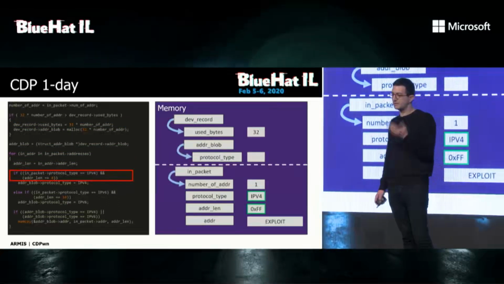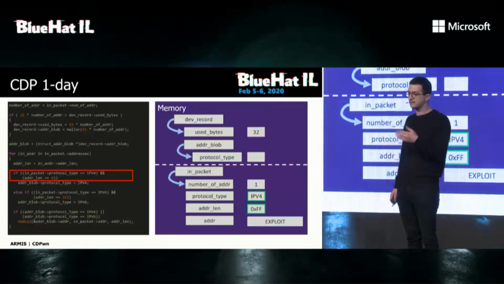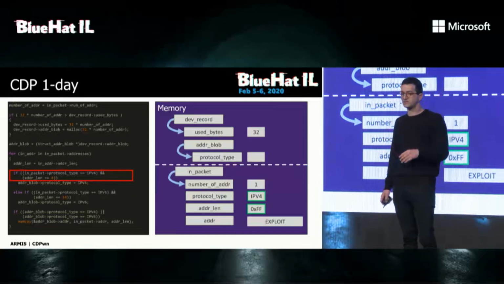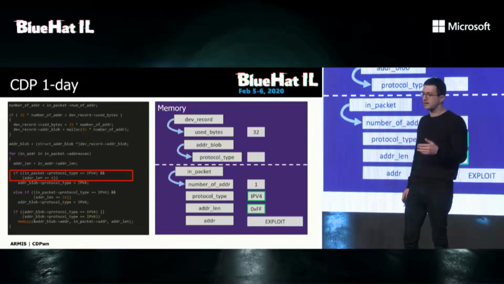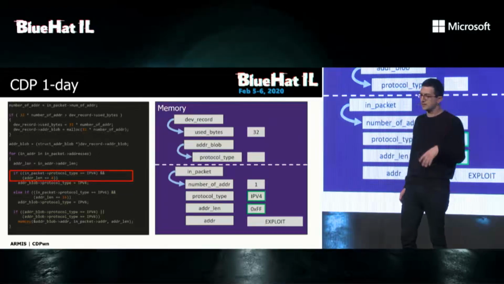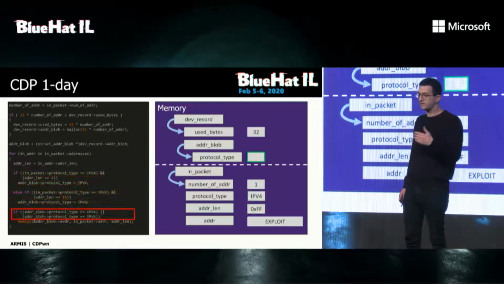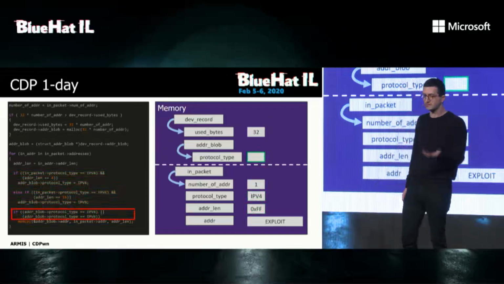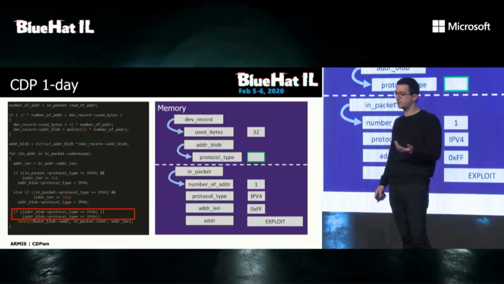So in this packet, we have an IPv4 address, but the address length is not 4 bytes, so the protocol type inside the address blob will not be set, and it will remain uninitialized. And when we get to this if below, in most cases, it won't be IPv4 or IPv6 because it's uninitialized, and this memcpy won't occur.